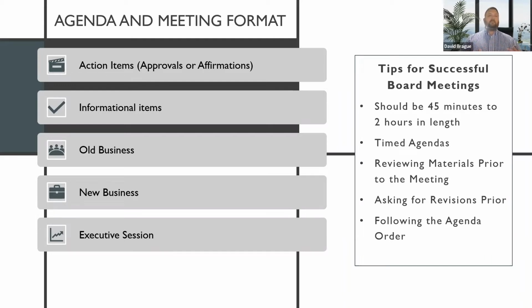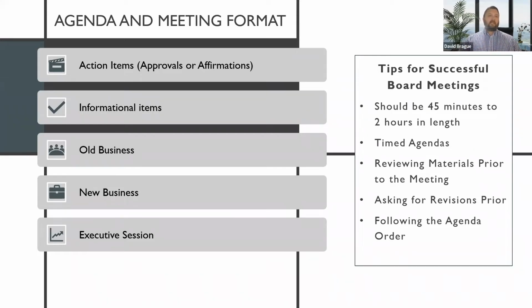Tips for a successful board meeting: it should be about 45 minutes to 2 hours in length. If you start getting past the 2 hour length, most people start shutting down, not paying attention, and things do not get accomplished. If you have that kind of issue in your community, it is highly recommended that you do timed agendas.